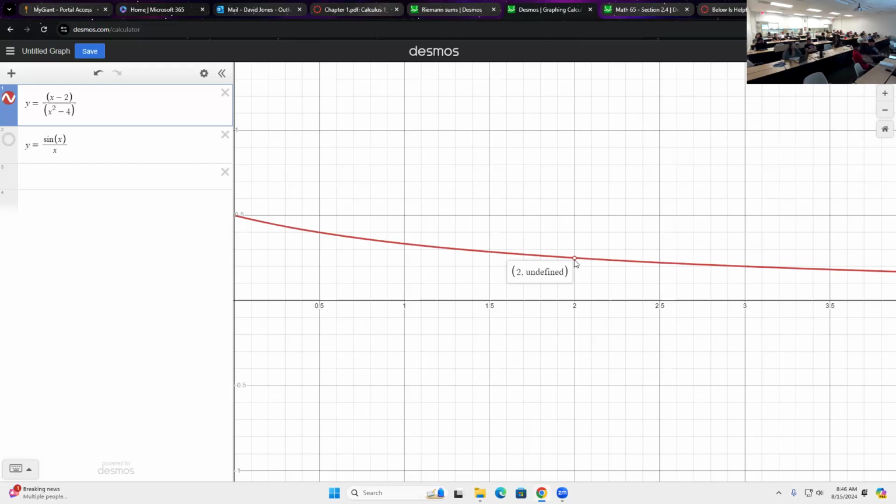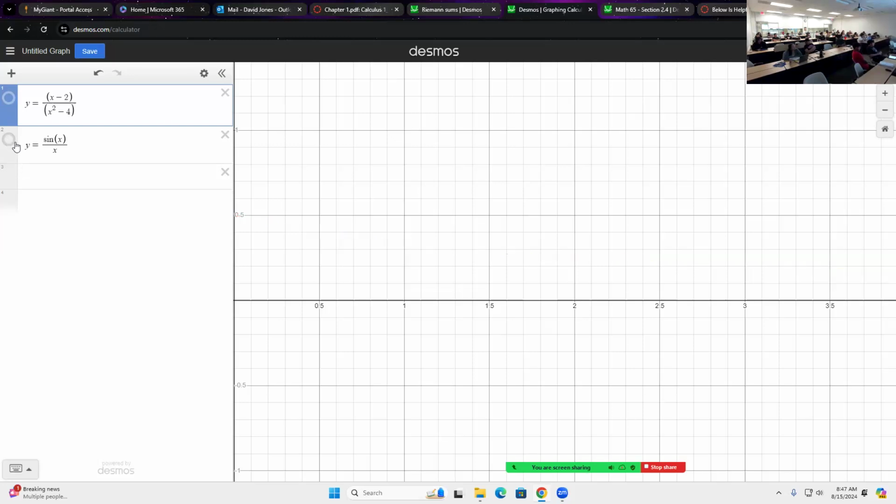Does that make sense? So the limit here would be 0.25, even though the function is not defined at 2. And we can see that in the function: if we plug in 2, the denominator is 0, and you can't have a 0 in a denominator. So that's clearly a no-go.